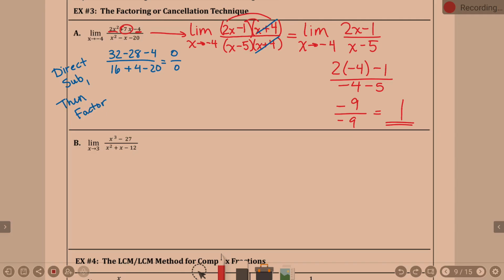Okay. Now, if I was going to skip one, I should have skipped A. We need to talk about B. Guess what's going to happen? Well, you can guess what's going to happen if you do direct substitution. Looks like you're going to get 0 over 0 again.